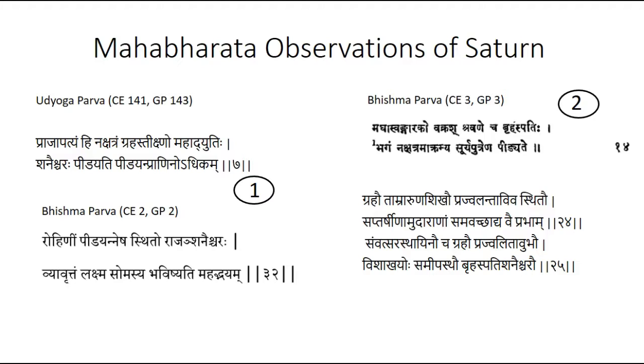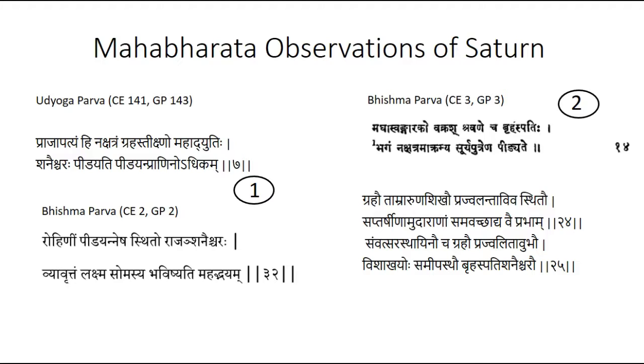For now, I want to focus on the second shlok, which is saying that these two planets, Ubho, had become steady for about a year, samvatsar, and they were shining brightly, prajvalita. And what was their position? Vishakhayo samipasto. They had settled near Nakshatra Vishakha.